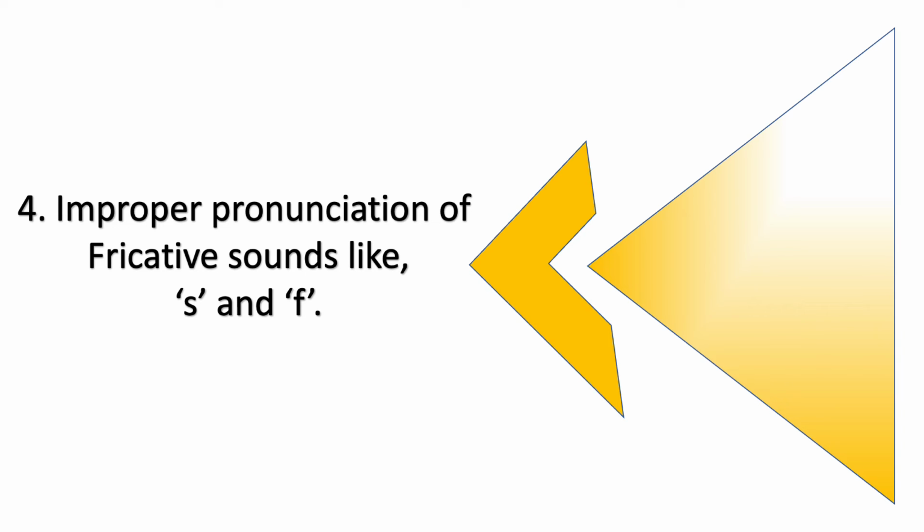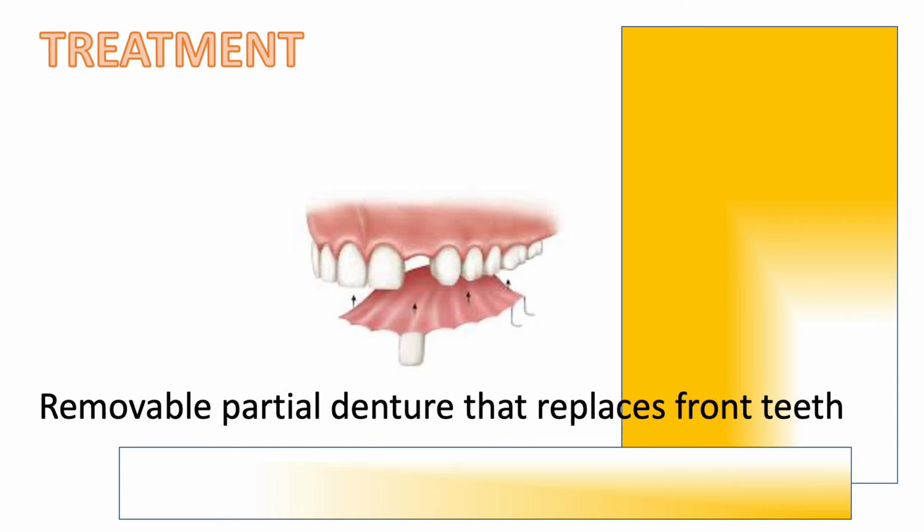Now we'll come on to the treatment part. Treatment can be done by a removable approach or a fixed approach. If we go by the removable approach, we can have a removable partial denture. It will have clamps which will fix the removable plate, and it will have an artificial tooth at the place where the tooth is missing.